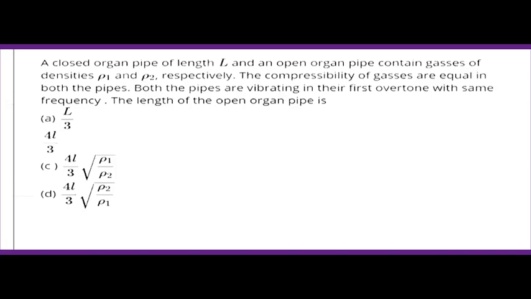So in this question we have to calculate the length of the open organ pipe, and they have given us 4 options. First option L by 3, second 4L by 3, third 4L by 3 under root ρ1 ρ2, last one 4L by 3 under root ρ2 over ρ1. So now let's proceed with the solution.